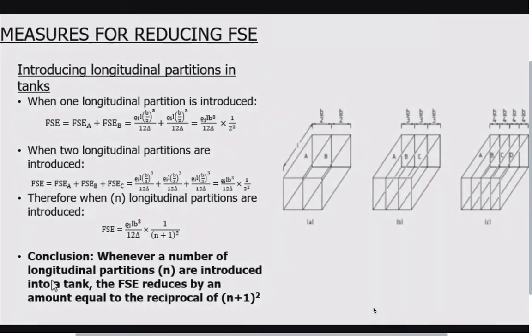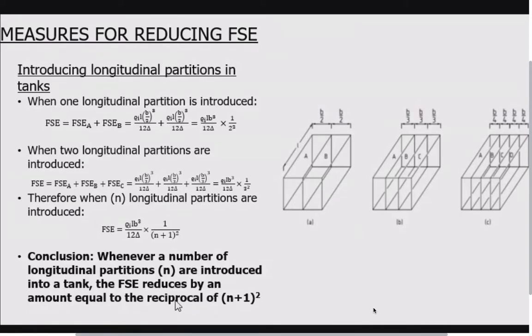Whenever a number of longitudinal partitions n are introduced into a tank, the free surface effect reduces by an amount equal to the reciprocal. So if you introduce a longitudinal partition, the free surface effect is reduced by an amount equal to the reciprocal.